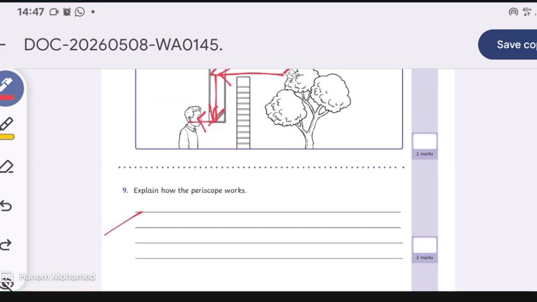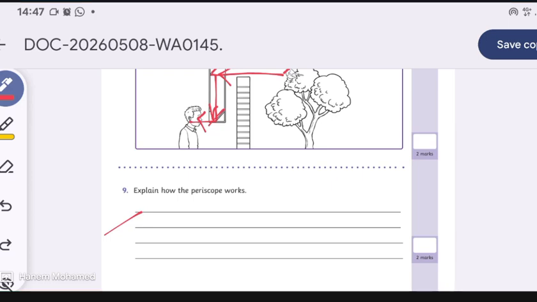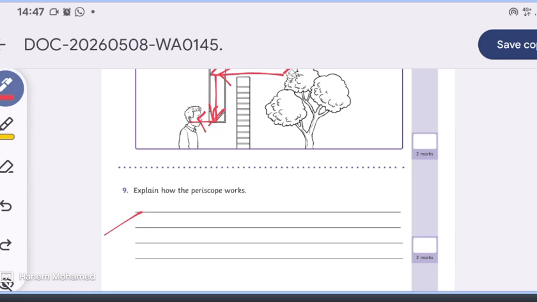The light enters the first mirror. Yes, so now you can see the periscope has two mirrors. Each one can reflect the light. And also the light goes through the hole because it travels in a straight line, right? Yes. So you can make it shorter.